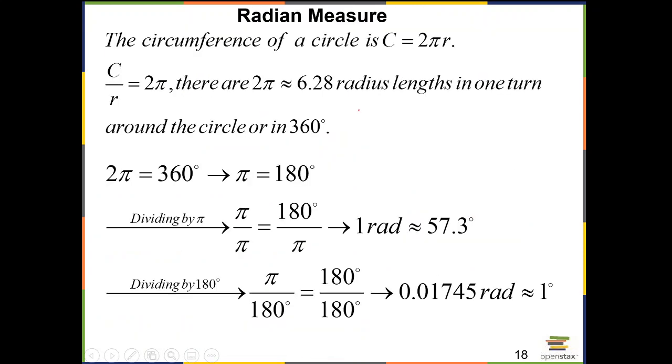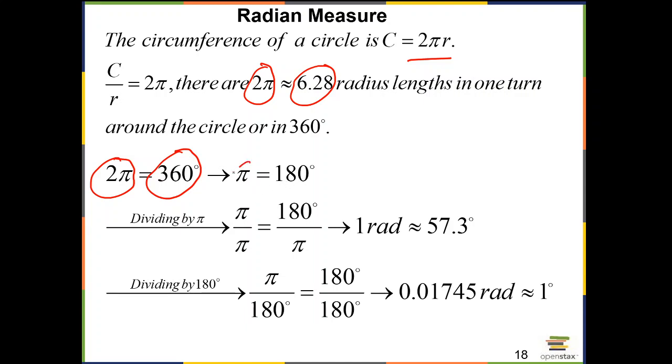All right. So the circumference of a circle is 2 pi r, we know that. So there are 2 pi radians in one complete turn, which is approximately 6.28 radius lengths in one turn. Now, that means 2 pi radians is the same as 360 degrees. So if you divide both sides by 2, we get pi is 180 degrees.